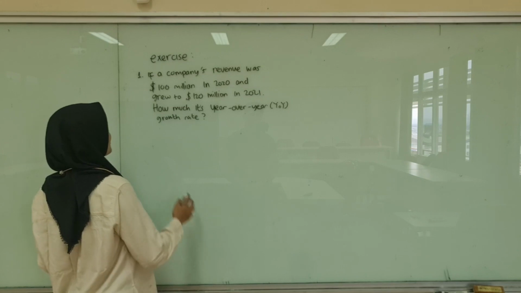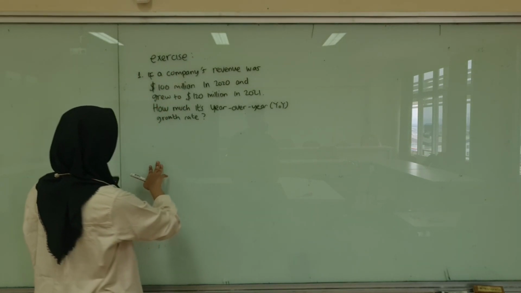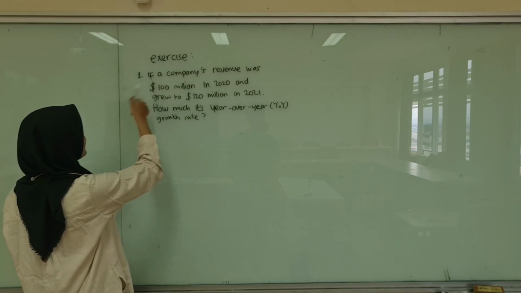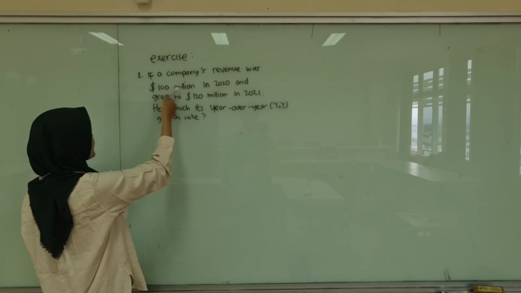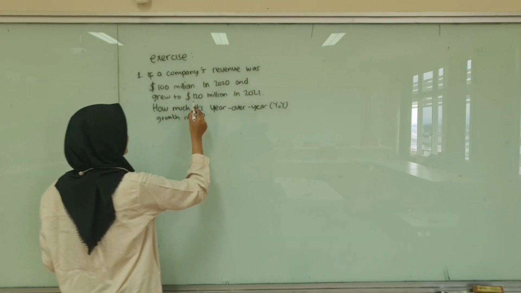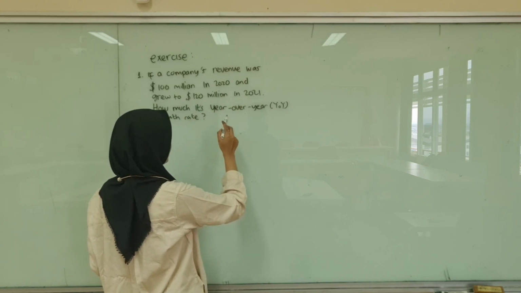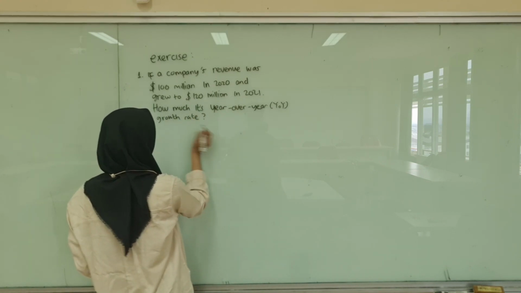Okay, so here is the exercise for simple growth or decay. The question is, if a company's revenue was $100 million in 2020 and grew to $120 million in 2021, how much is the year-over-year growth rate?